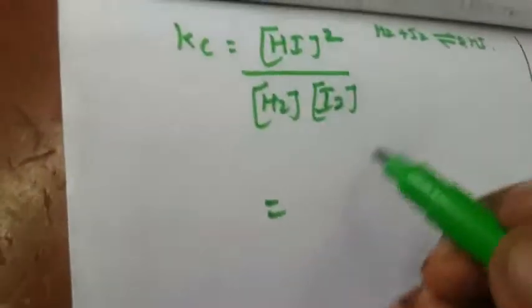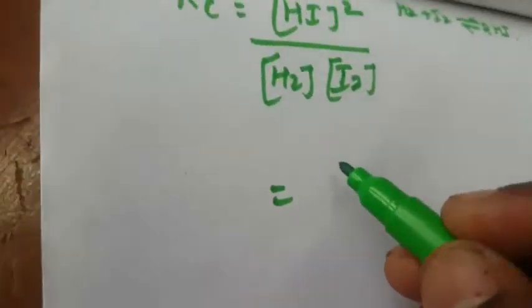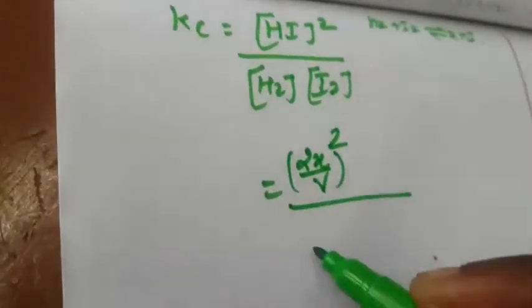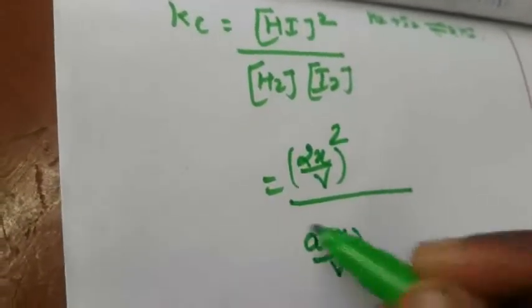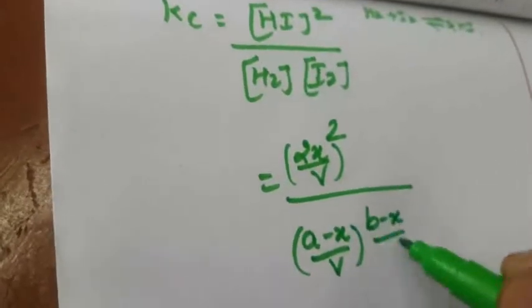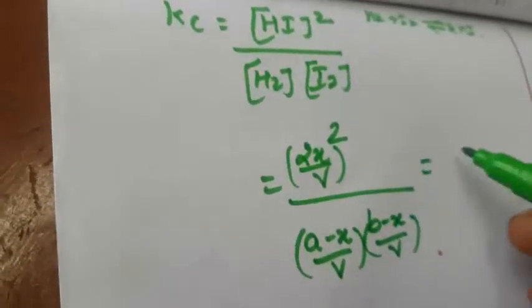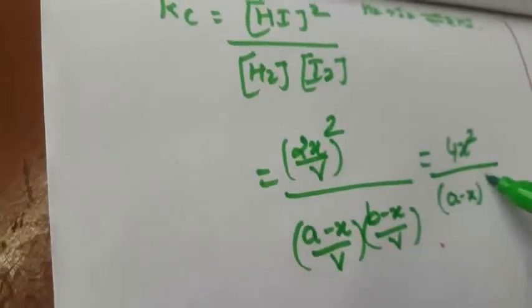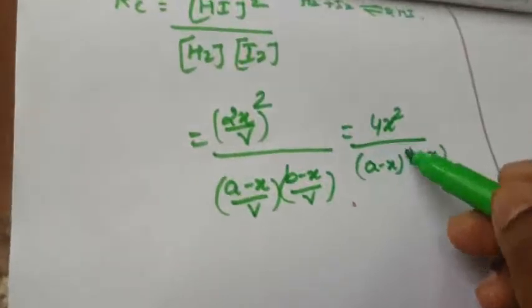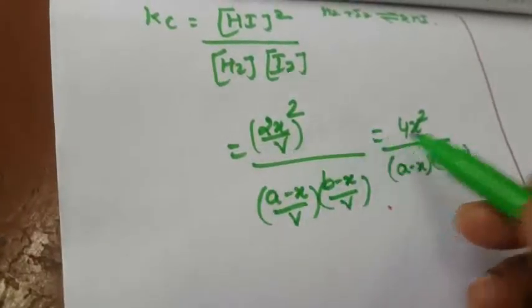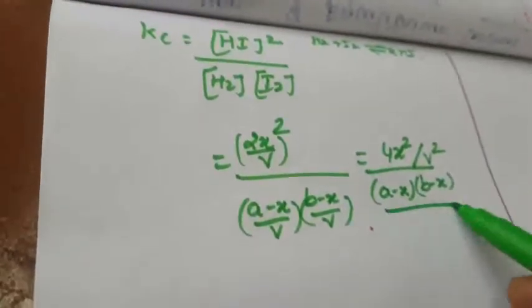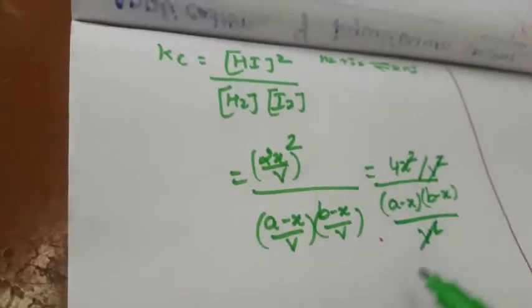Now you substitute all the values in this equation. The hydrogen iodide value is 2X by V, the whole square, divided by A minus X by V, then B minus X by V, equal to 4X square by A minus X into B minus X. Now you simplify that: 4X square by V square, here also V square, so V square cancels.